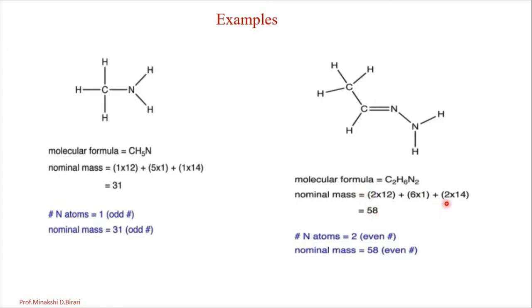The nominal mass for the second example is 58. According to the nitrogen rule, here the number of nitrogen atoms is 2, that is an even number. So the nominal mass or m by z value, if we observe the peak, is also observed at an even number value, at 58.